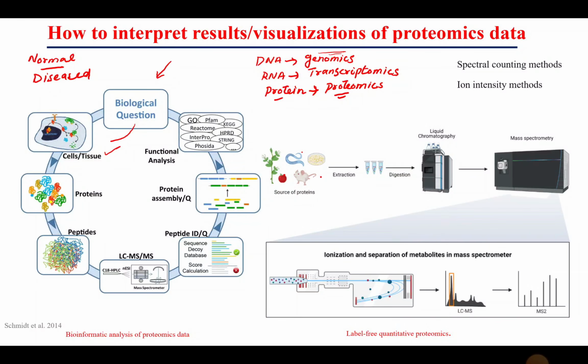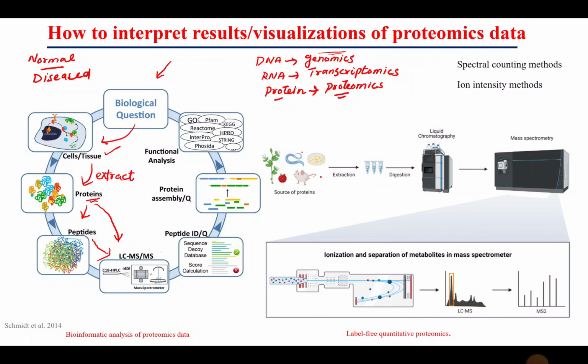First, you will take those tissues, and from those tissues you will extract all of the proteins. As we know, all of the proteins cannot be directly fed to the LCMS because of their large size, so it is important to first break them down into peptides, and then peptides can be easily fed to these LCMS based systems.